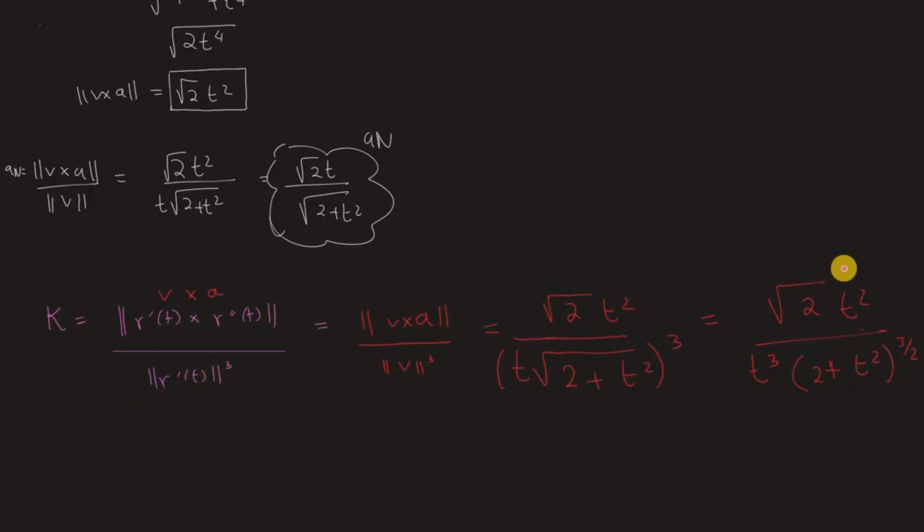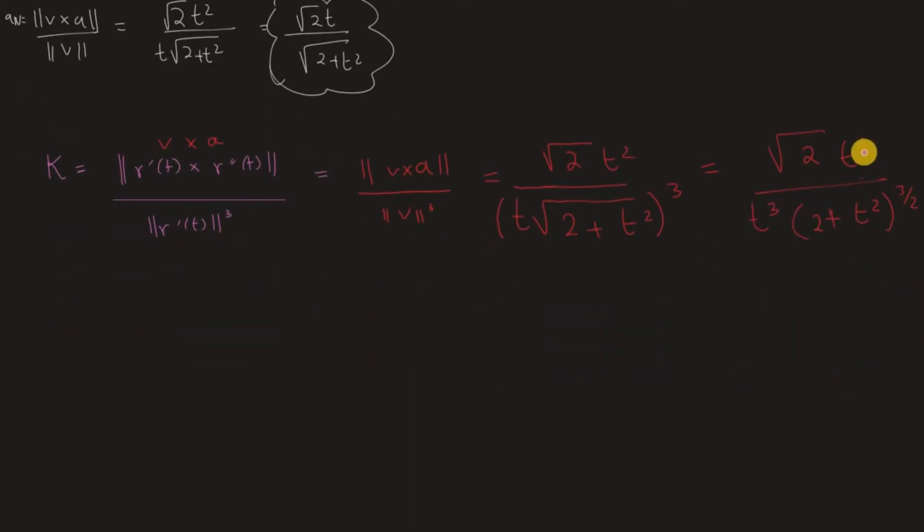Let's move on to the next problem now. Oh wait, I have just realized we can actually factor out the t's over here. This is t squared, and this is t cubed.